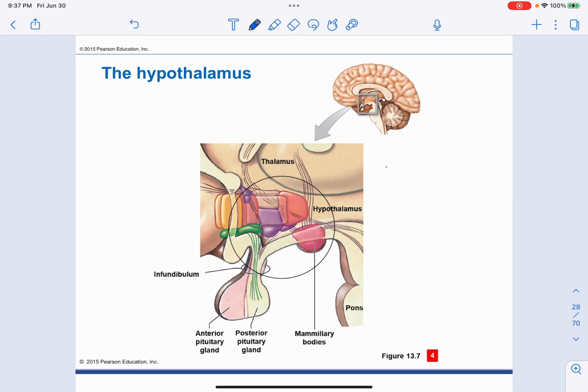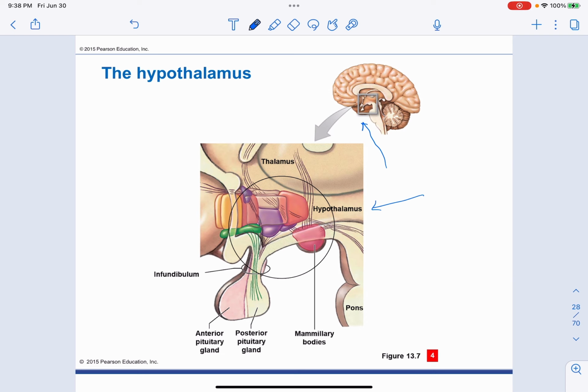So you can see here we've taken an image of the hypothalamus and we've blown it up here so that you can see it. And what this image is trying to convey is that the hypothalamus is filled with individual nuclei. That's what all of these different colors are representing. And they are grouped together with common functions.